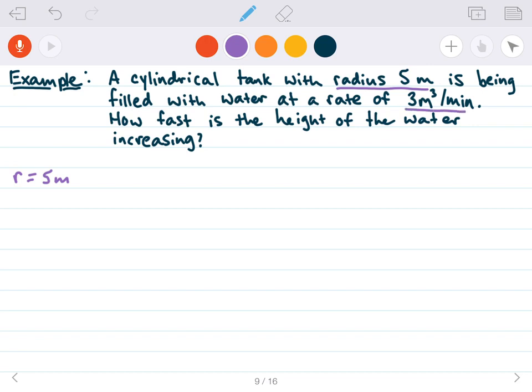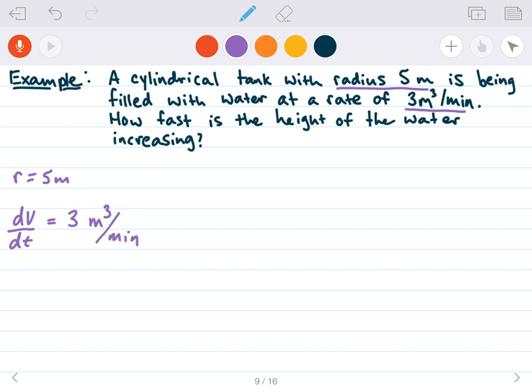So meters cubed is telling us that this is a change in volume with respect to time, because anything cubed is volume. So what we have is dV/dt, the change in volume with respect to time, which is 3 meters cubed per minute. Okay, so that's one of our rates.